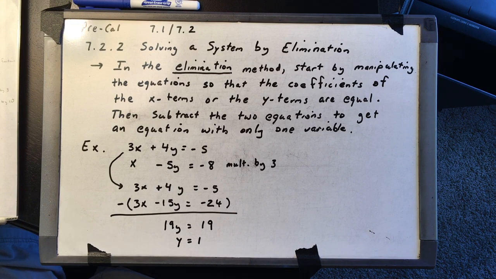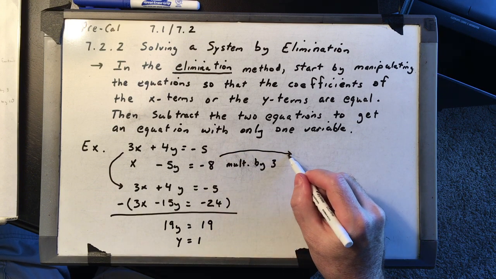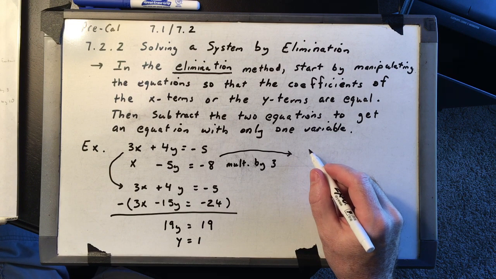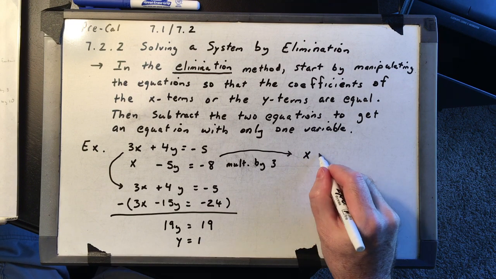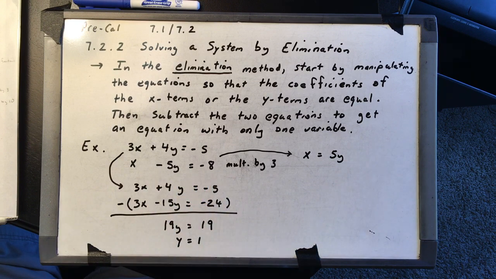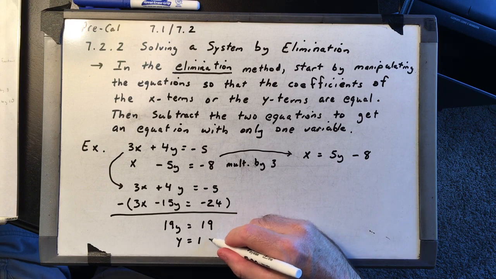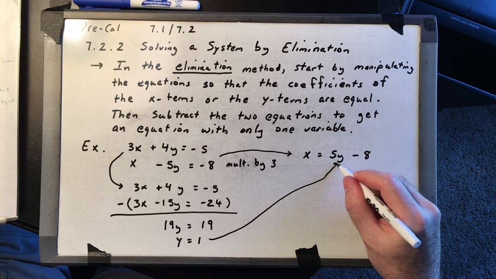All right, now I'm going to substitute that back in, and I'm going to work with my second equation. If you have x minus 5y is equal to negative 8, let's just solve for x. X equals positive 5y, if you move the negative 5y to the right of the equal sign, minus 8. And then we'll just substitute the 1 in.